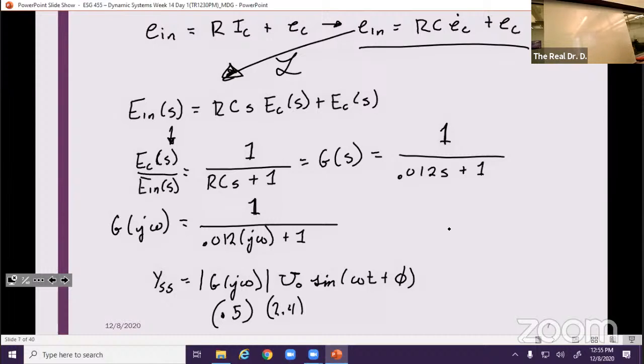And that's great, because then we can take this here and we can set this equal. Well, not yet, right? We have to find the magnitude. So we're going to find the magnitude of G of J omega now. But we know that we are looking for the frequency for when G of J omega is equal to 0.5. Okay? That's what we know.